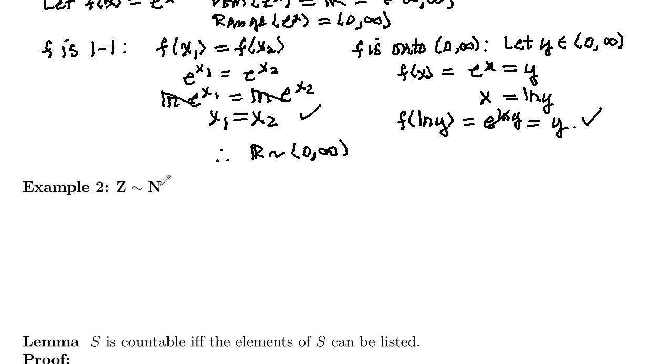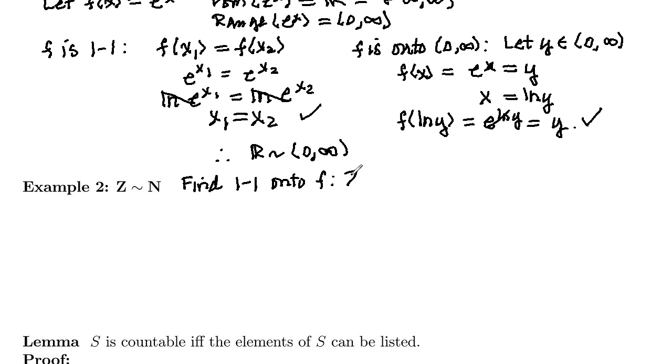So the natural numbers, just the positive integers, are the same size as all the integers. So what do we do here? Well, we've got to find a 1 to 1 onto function. So we've got to find a 1 to 1 onto f that goes one way or the other.